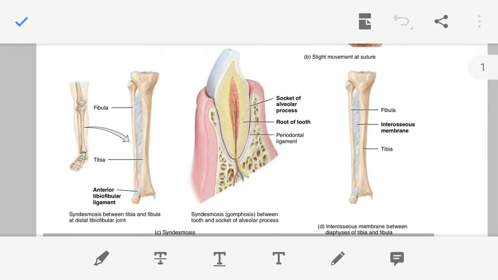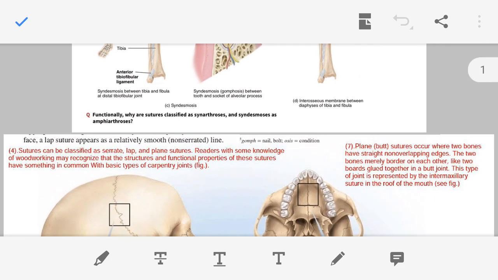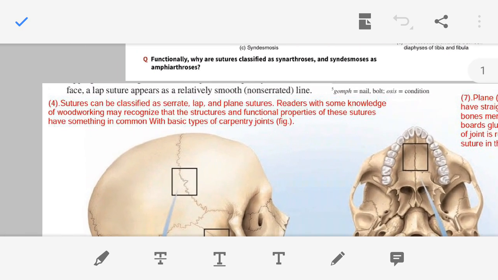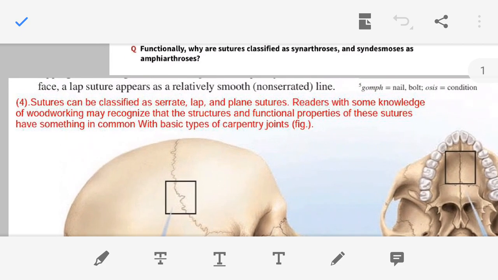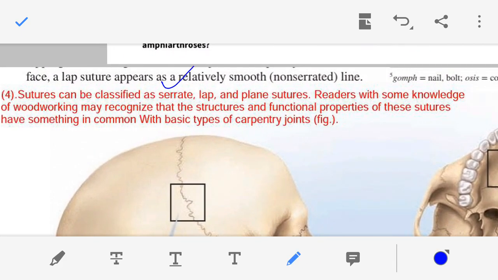Now moving on to the fourth point of our discussion. Now the classification of the sutures. The sutures can be classified into serrate suture, lap suture, and the plain suture.